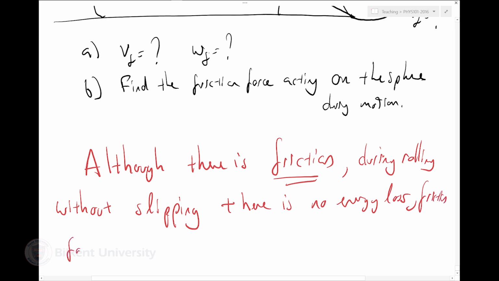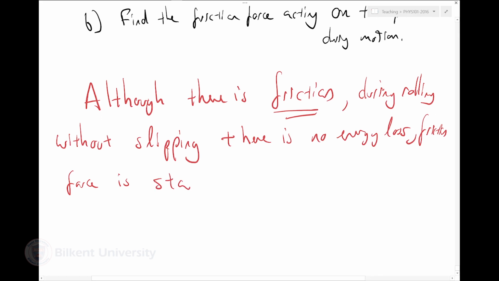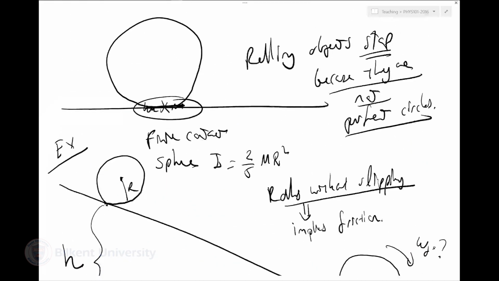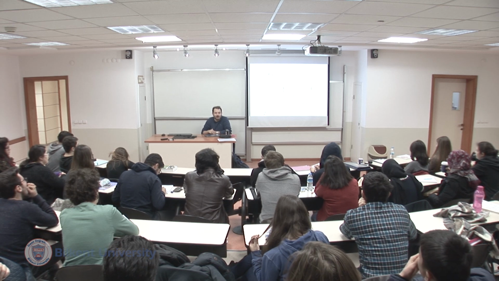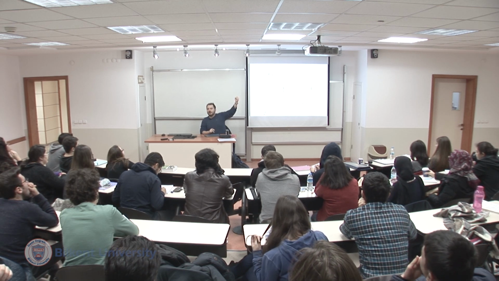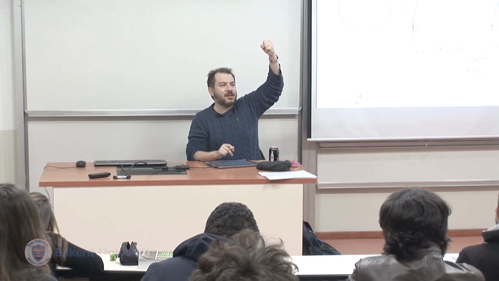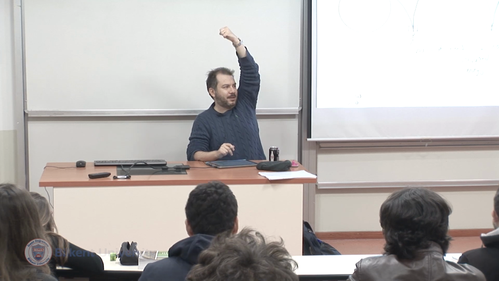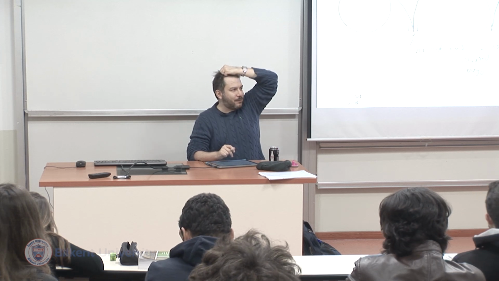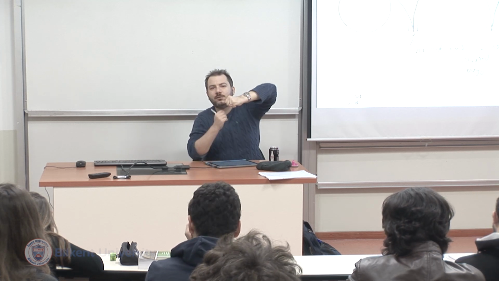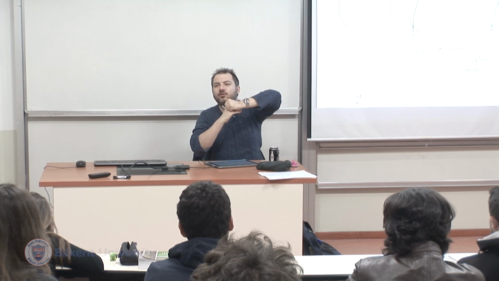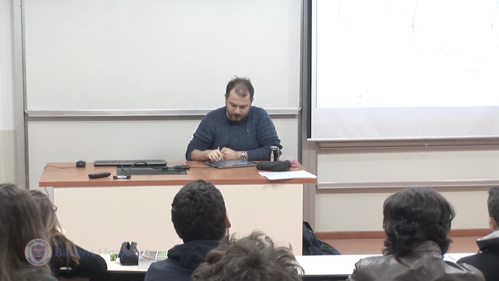Friction force is static friction. Why is it static friction? Once again, because the atoms on the surface do not see anything going past them. They just see objects coming onto them and leaving. They may apply a force to them, but the two surfaces actually do not move with respect to each other.